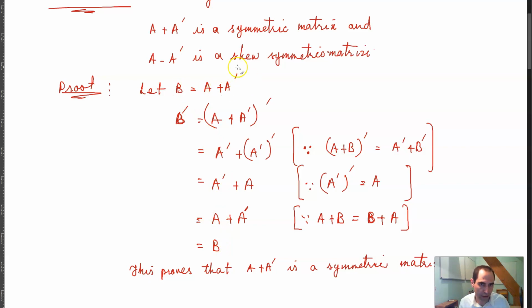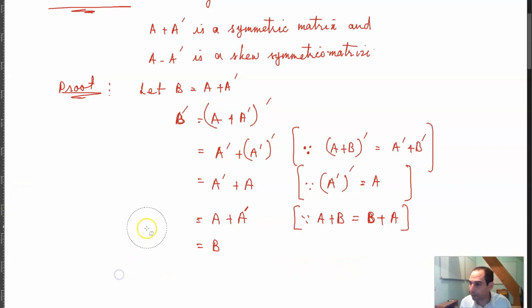And since B is the same thing as A plus A prime, that means that A plus A prime is a symmetric matrix, right? Now, the next part of this theorem.